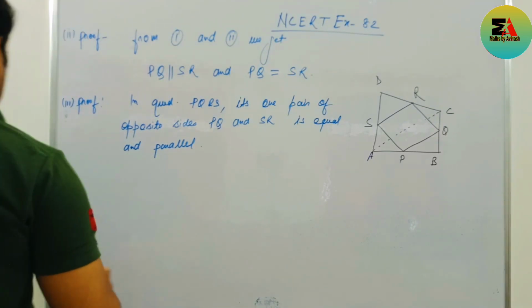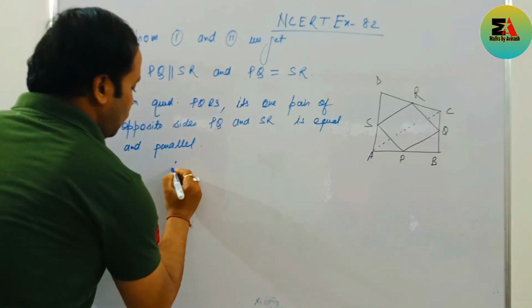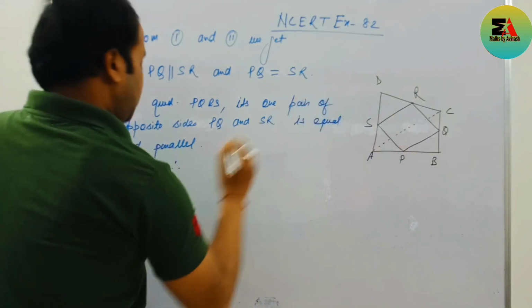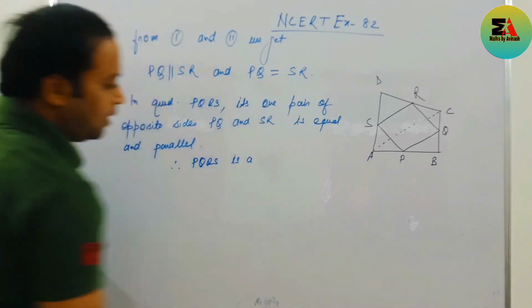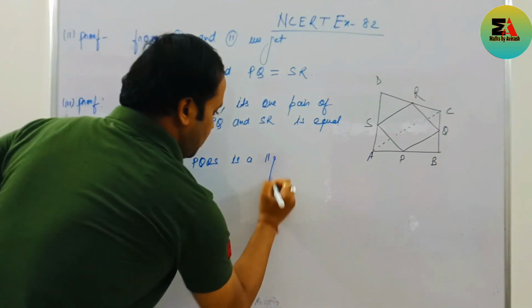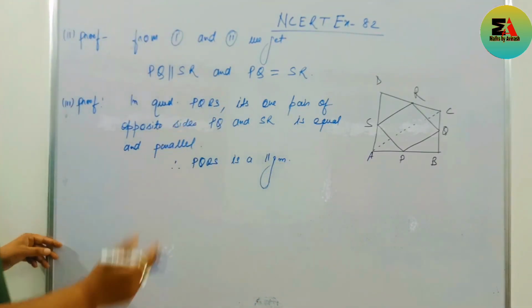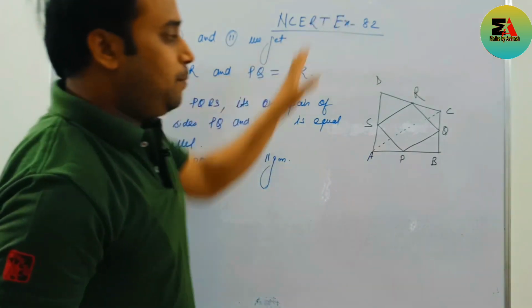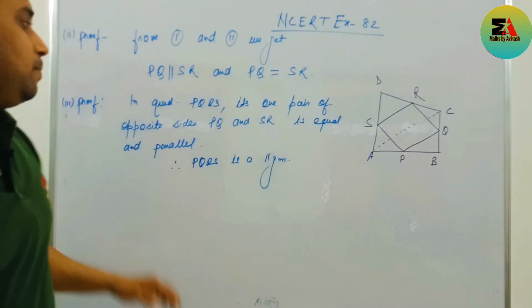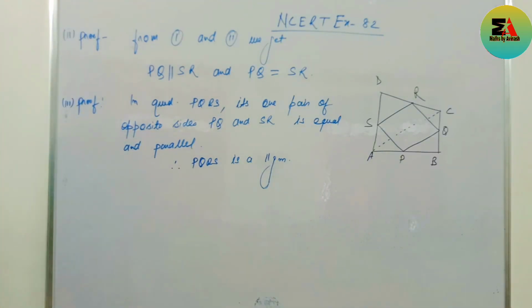Therefore, what do we say? By the property of a parallelogram, if a pair of opposite sides is equal and parallel, then PQRS is a parallelogram. I hope this one is clear to you.